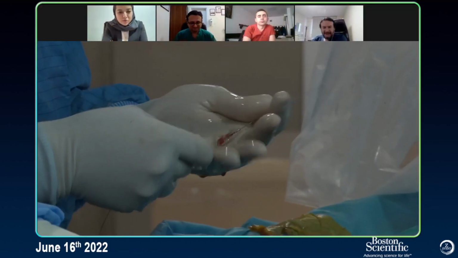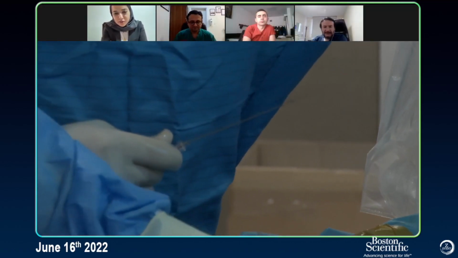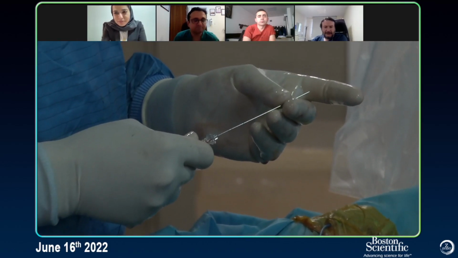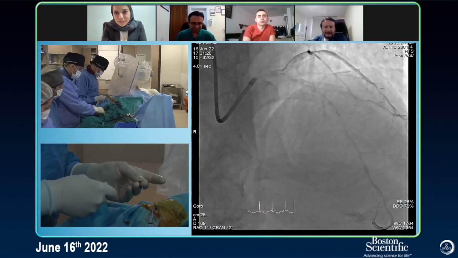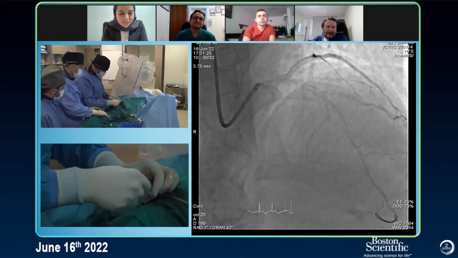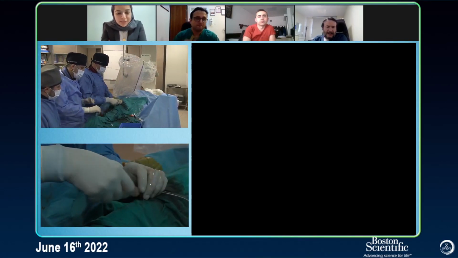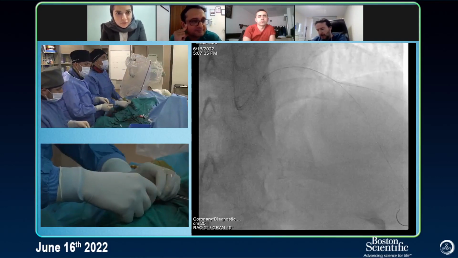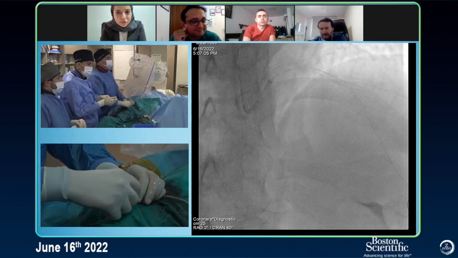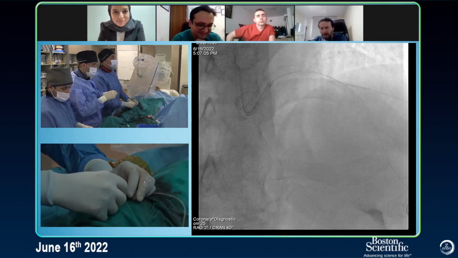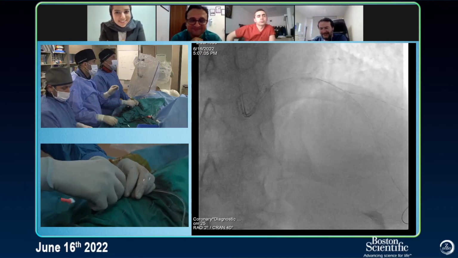So what do you guys do in terms of it, if it's an RCA, do you use a pacemaker or do you do aminophylline? Can I get the question again? If this was an RCA, would you go with pacemaker or aminophylline nowadays? If you're doing a rotational atherectomy in an RCA.